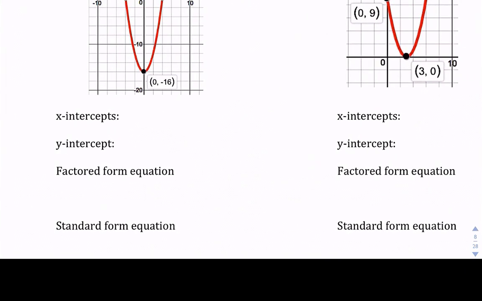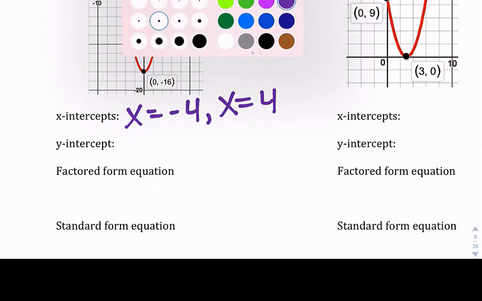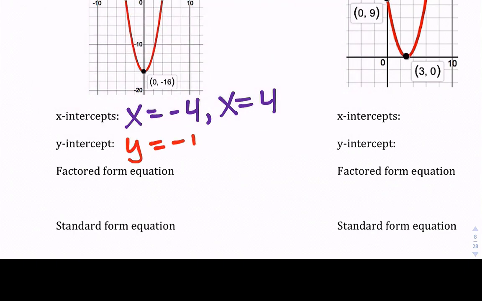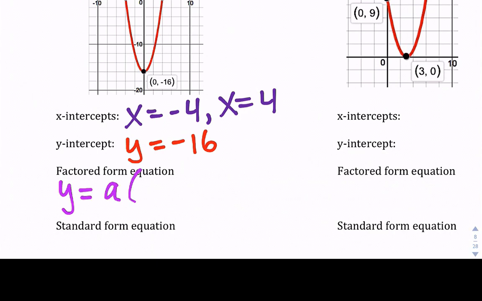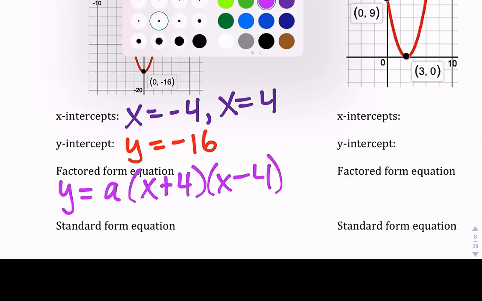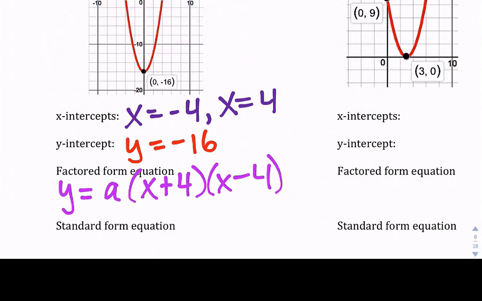Okay, so number 10, again, the x-intercepts are negative 4 and 4. The y-intercept is negative 16. Factored form of the equation, y equals A, x plus 4, x minus 4. Plug in your point, so we're plugging in (0, negative 16).